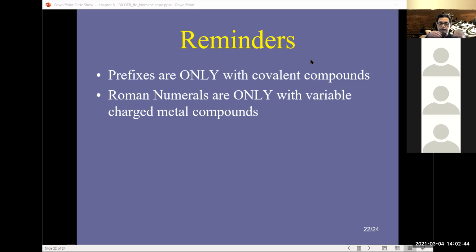All the other ones require Roman numerals, so we know specifically which oxidation number we're working with. Because remember, some of these metals have more than one oxidation number. Copper has a +1 or a +2. Iron has a +3 or a +2. They're all different, so we have to distinguish them with Roman numerals.